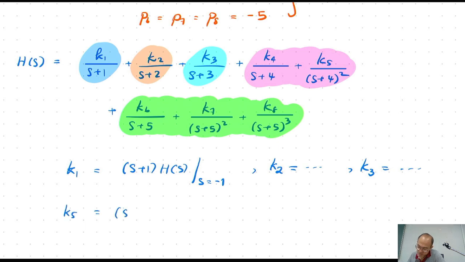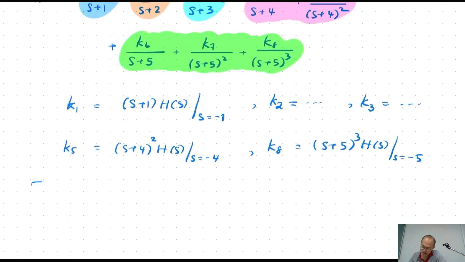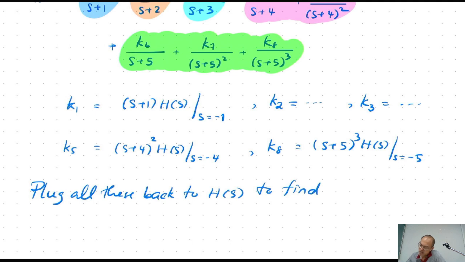K5 is (s plus 4) to the second times H(s), and then plug in s equal to negative 4, and K8 is (s plus 5) cubed times H(s), and then plug in s equal to negative 5. Now, you have to get your hands dirty again when you want to find K4, K6, and K7. Okay, so plug in all this back into H(s) to find K4, K6, and K7.